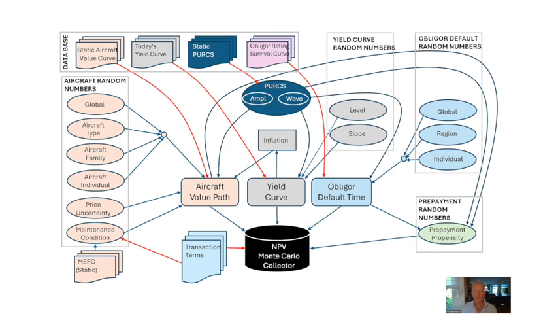And then you have inflation, the inflation of the value of the currency. That also has a global effect that will affect all aircraft value paths in the same way, and it also affects the yield curve in the same way. So all these different drivers will generate a correlation that is based on common influences.